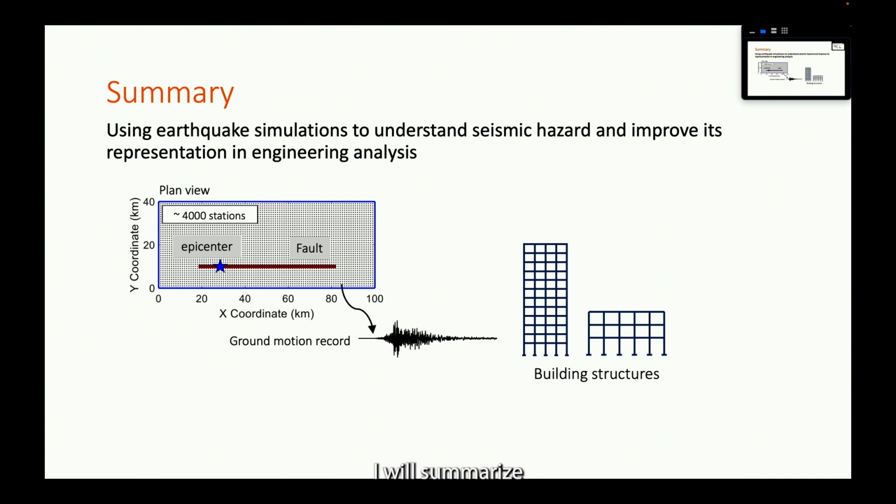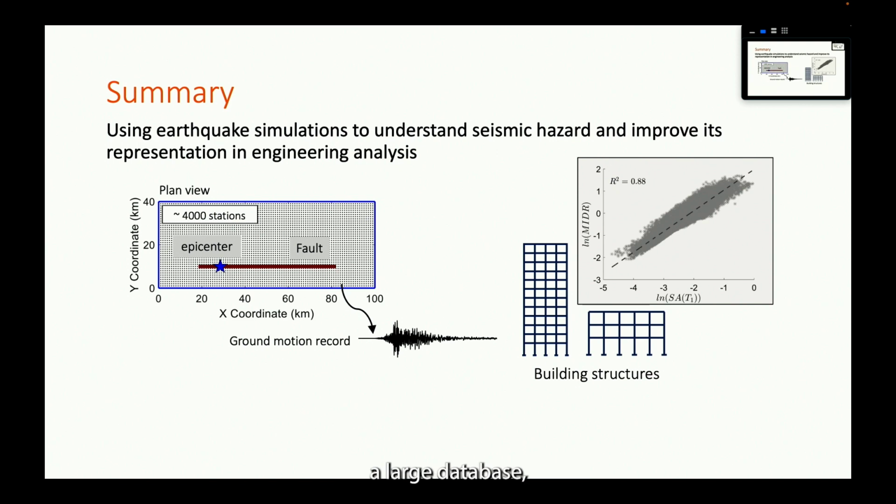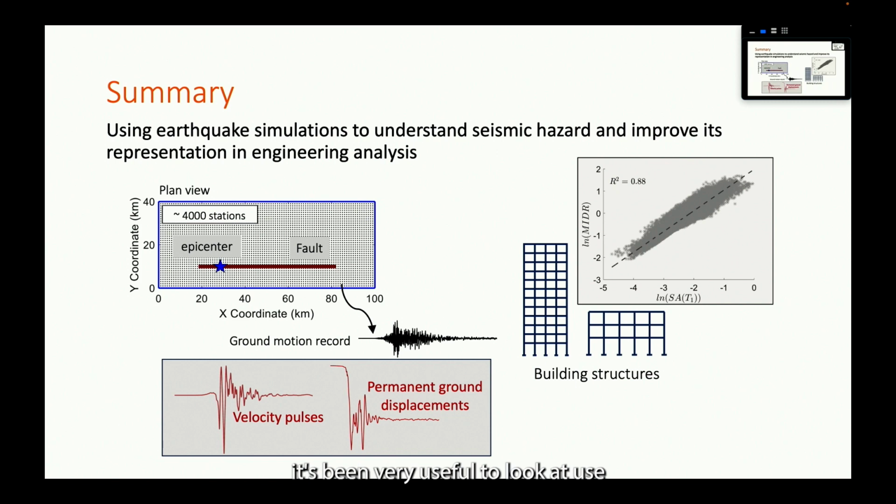So with that, I will summarize what I talked about today. Primarily using the earthquake simulations to better understand the seismic hazard quantification and improve the way we represent it in engineering analysis. It's not just a matter of adding a large database, although that's very helpful, but I think for my research it's been very useful to use these carefully designed and conducted numerical experiments of simulations where we're controlling the rupture realizations and the characteristics of a rupture in a way that we will never be able to for real records.